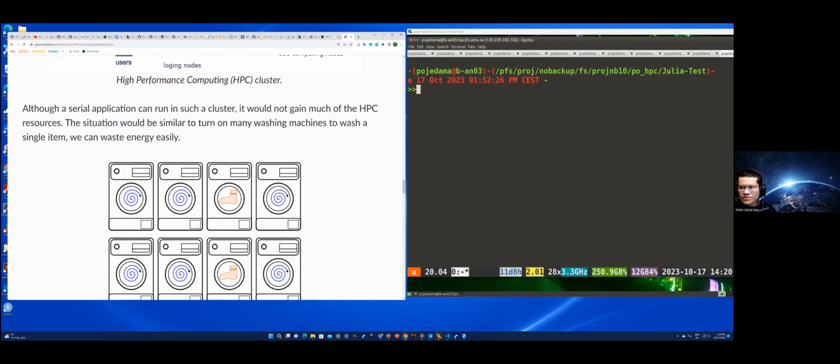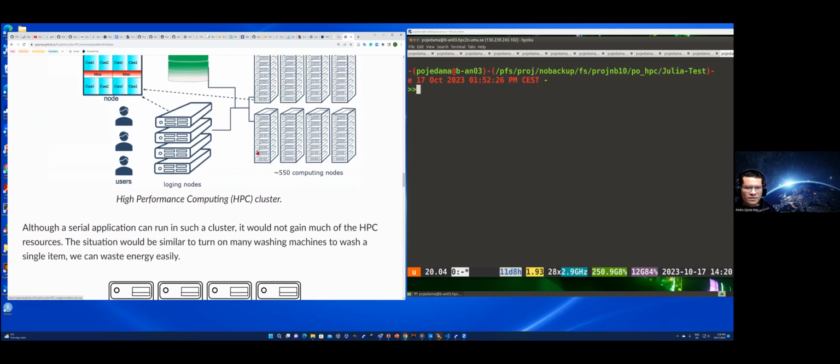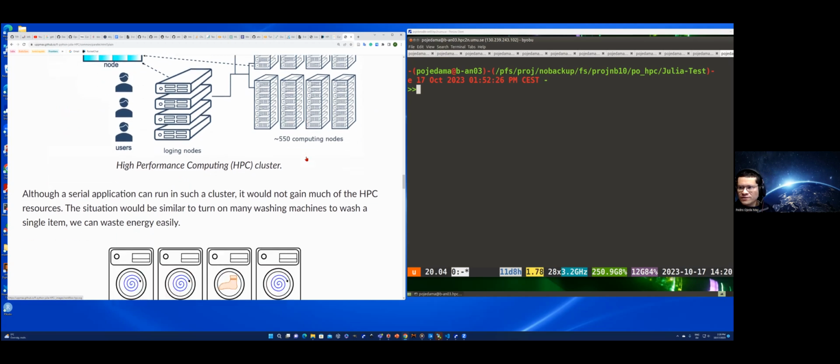As I mentioned before, if you have an application that runs only on a single core, then you will be underusing the resources, right? Although if your application is running well and you feel comfortable with that, then it is okay.